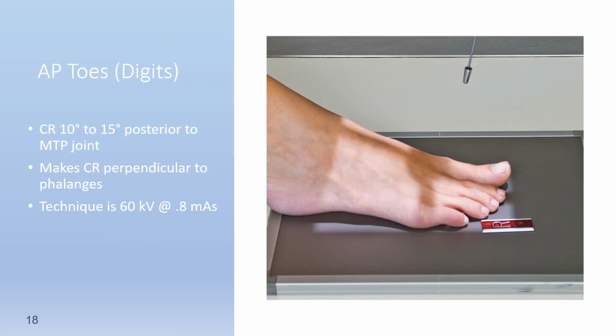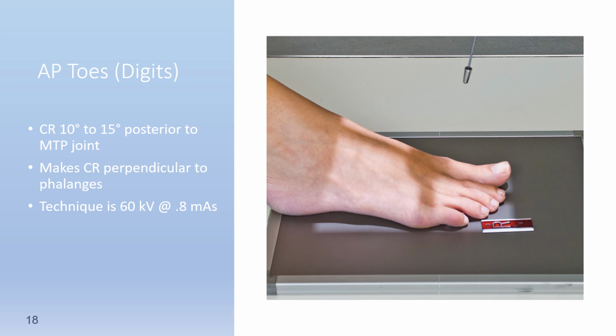So if they order toes, just like with fingers, typically toes are going to have 3 images, an AP and a lateral for all of them, and then they're going to have an oblique. But depending on which digit or which toe is going to determine whether it's a medial rotation oblique or a lateral rotation, just exactly like it was in the hand.